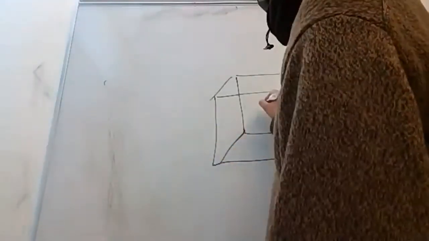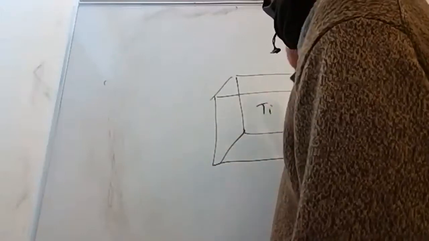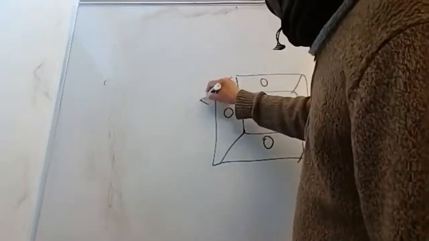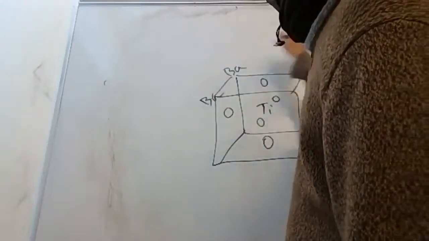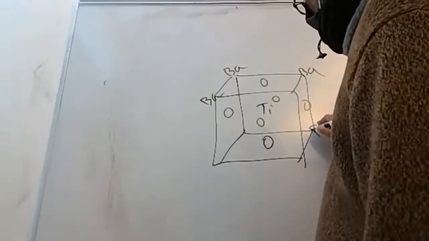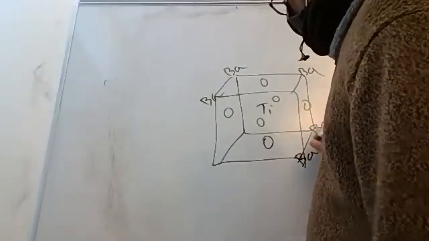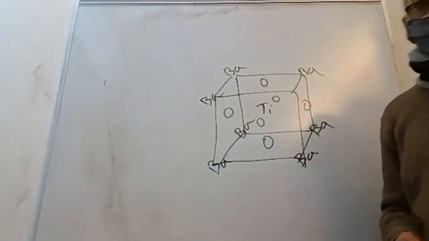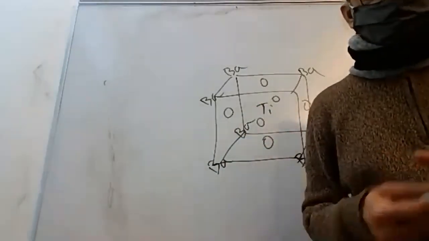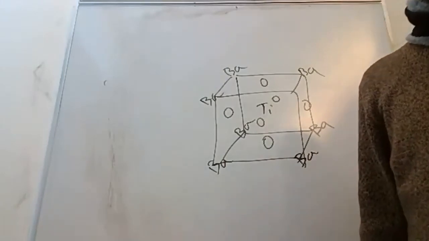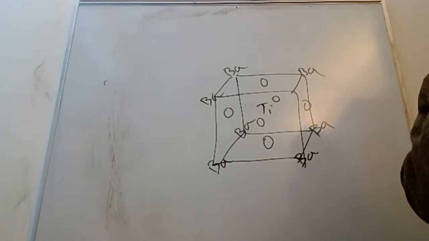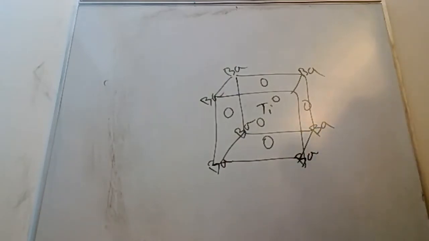So let's imagine I have titanium in the middle, oxygens on the centers of the faces, and barium on the corners. What should be the formula of the solid? Formula means the simplest ratio of atoms in their formula.